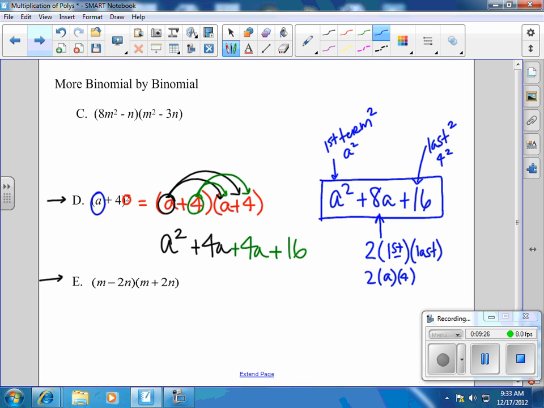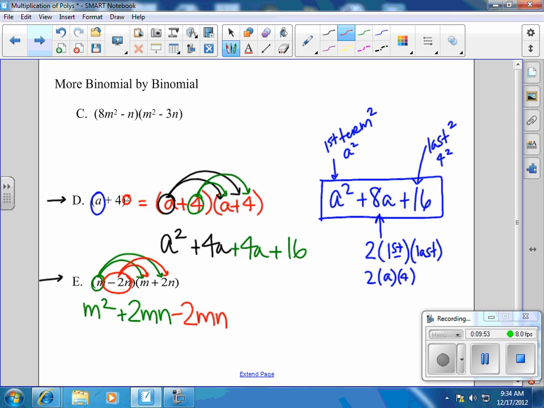So E, very similar to this one with a little twist. So if we multiply our first term here, m times m, we get m squared. Then m times 2n gives me 2mn. Then if I do my next term, I have negative 2n times m, which gives me negative 2mn.